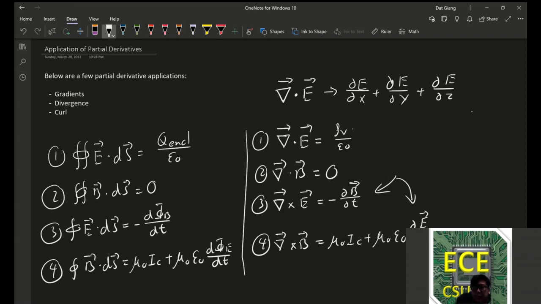Here, this explicit relationship is more clear when we can see that the changing magnetic field produces an electric field. Similarly, a changing electric field produces a changing magnetic field. And this relationship is what leads to the discovery that light is an EM wave.